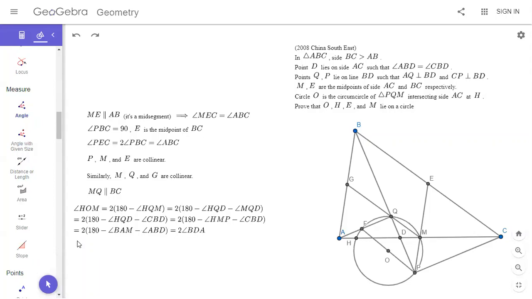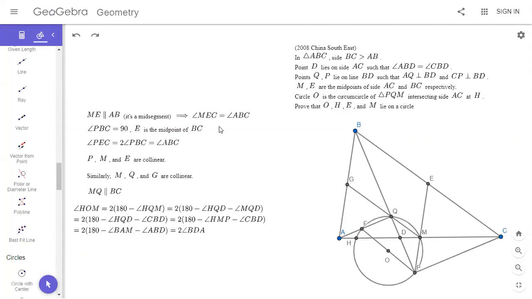How do you prove that? I think, yeah, it occurred to me, but just one minute. Since MP is parallel to AB, MPQ equals CAB.